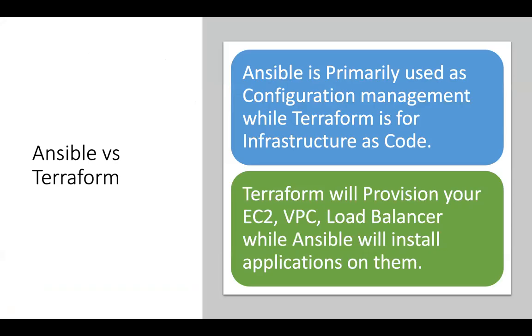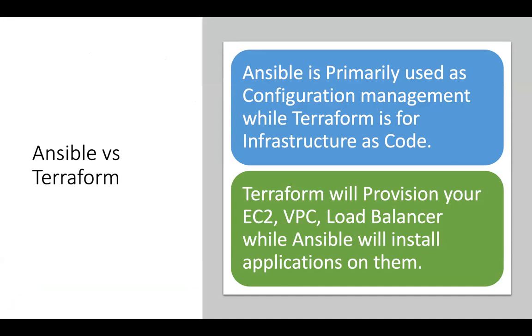So, Ansible versus Terraform, just want to talk about it again. They are not really rivals, they are not in the same space. Ansible is primarily used for configuration management, while Terraform is for infrastructure as code.